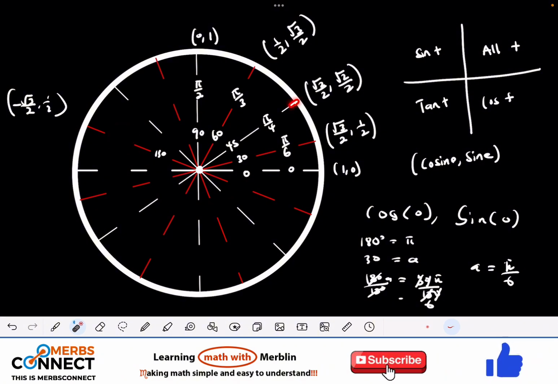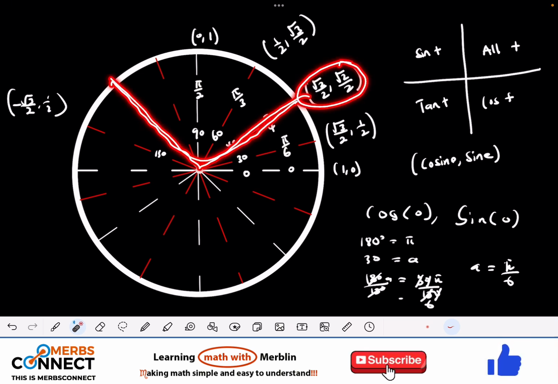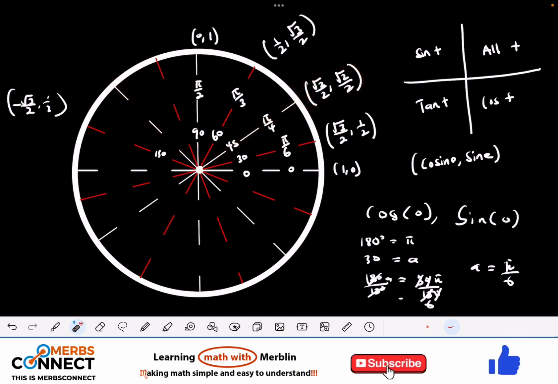Then I'll pick the one with 45, which also goes with this one, right? So I'll pick the same thing here and replace it here. But the only thing that is also going to change is that the cos coordinate should be negative, because in the second quadrant, cos is negative. Then I'll pick this and also bring it here.